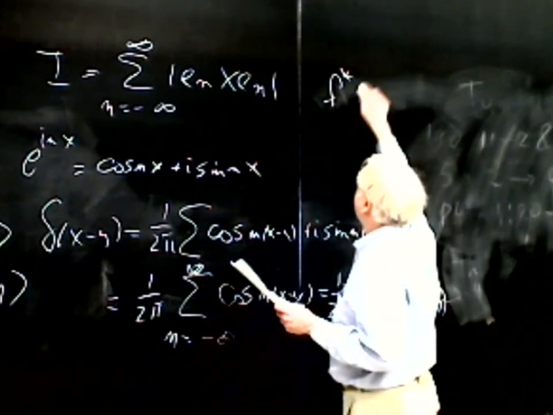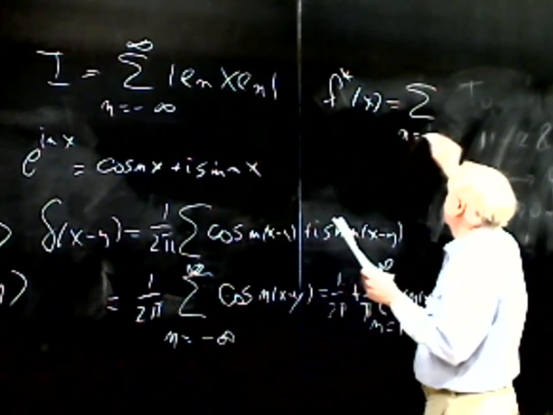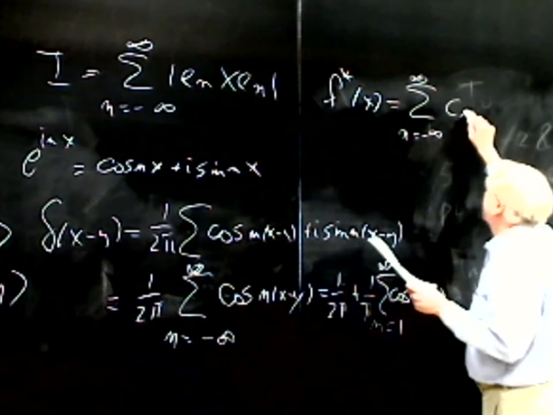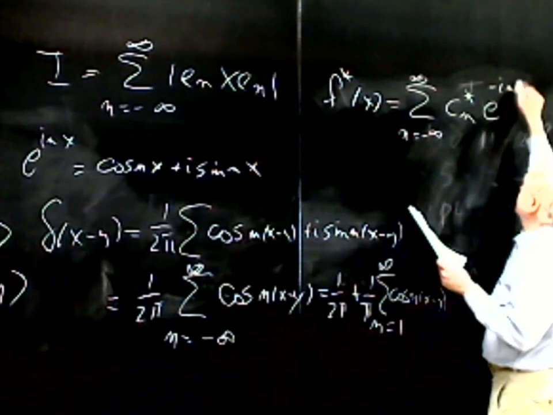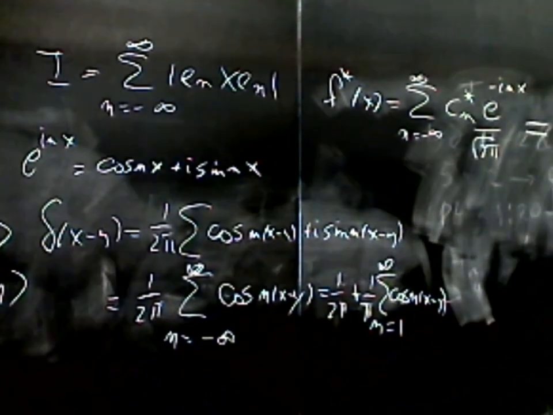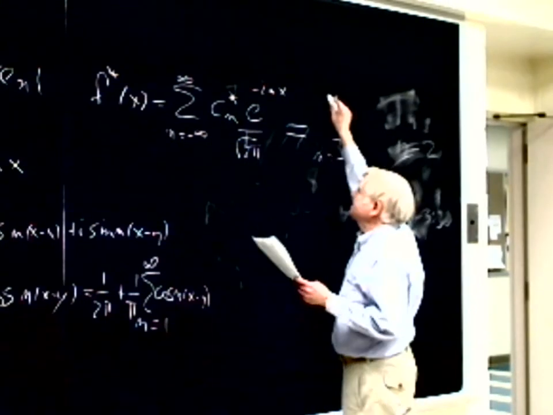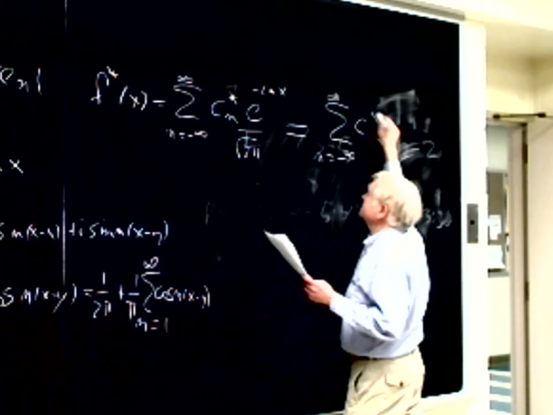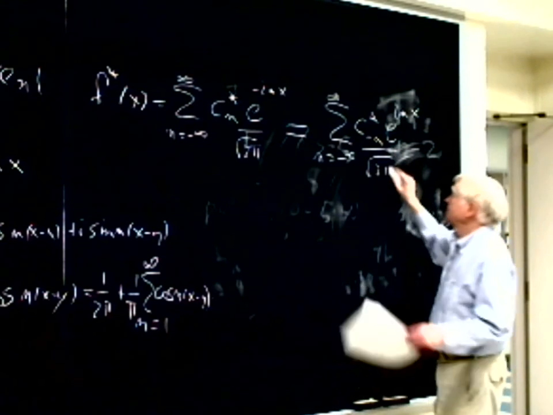Well, f star of x is going to just be the complex conjugate of the series for f. So it's going to be e to the minus i nx over root 2 pi. On the other hand, we can rewrite that as a sum n equals minus infinity to plus infinity of c minus n star e to the i nx over root 2 pi.